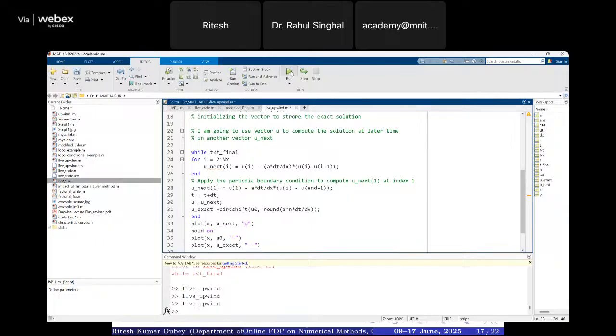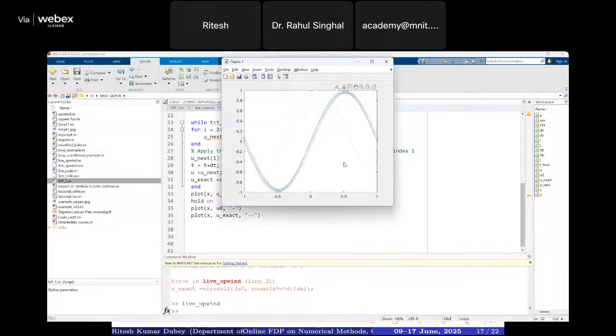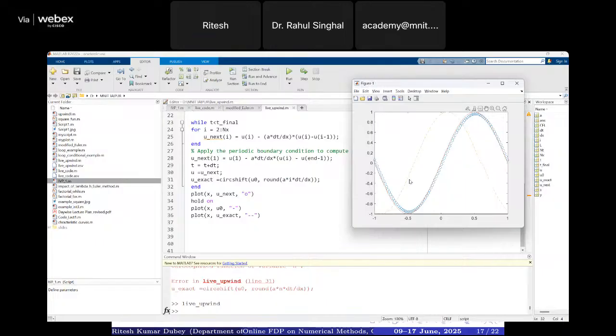If I run this, let me see what. T minus I. So here we are getting the solution slightly different. I think some mistake is there. I need to work on it.